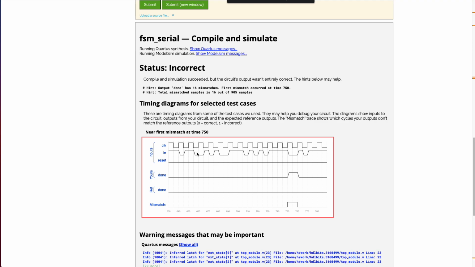Then 1, 0, 1, 2, 3, 4, 5, 6, 7, 8. I'm actually not sure what this edge says.